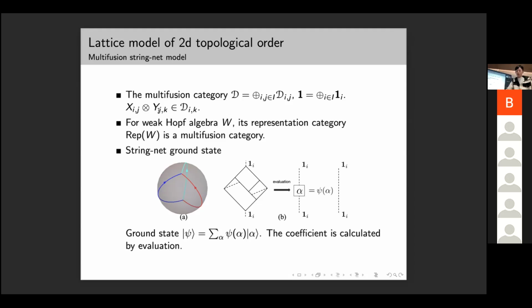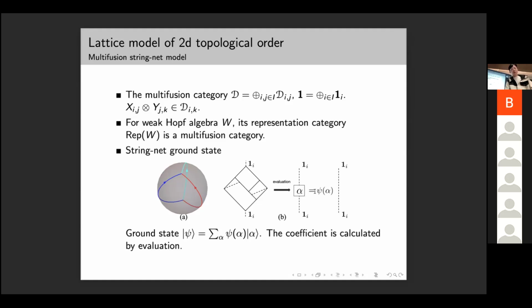And as I said, the motivation for us to study this is that we are trying to understand the string model corresponding to a weak Hopf algebra model. And the string ground state can be constructed very similarly to the Levin-Wen model. Given a fully labeled string configuration, we just do the evaluation.